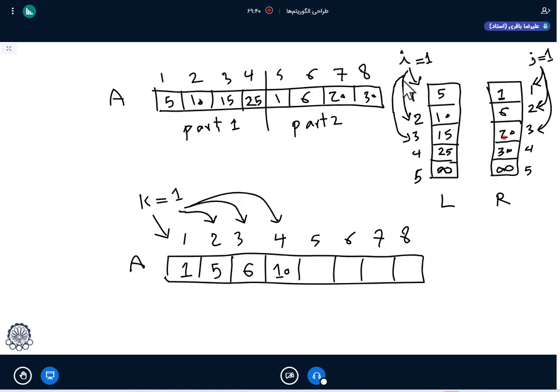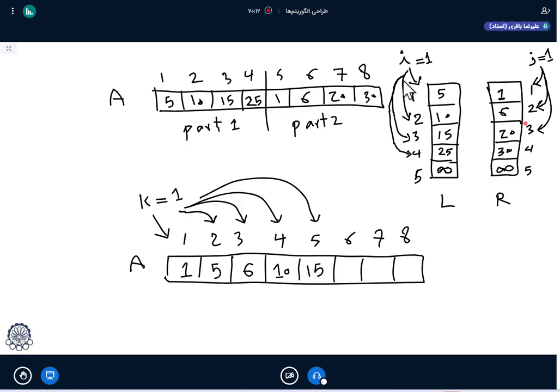Any of them that is minimum is copied to array A. Here 15 is minimum, so 15 is copied to the array. The index of K is increased. The index of I is also increased. Okay.